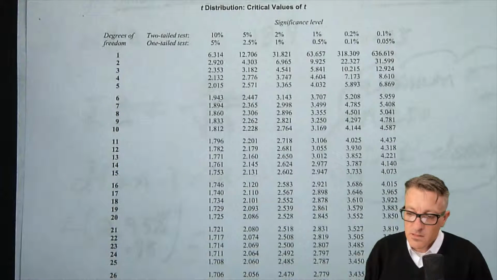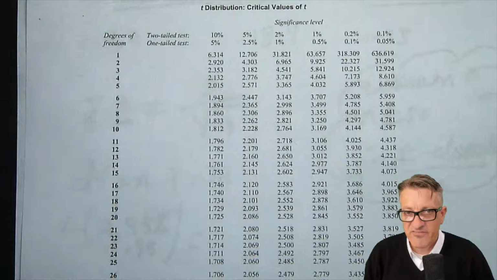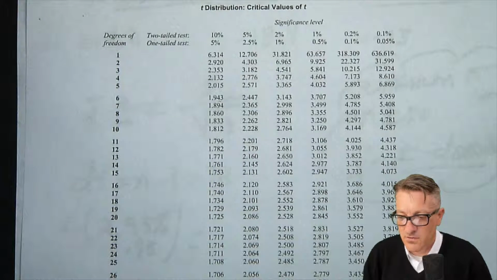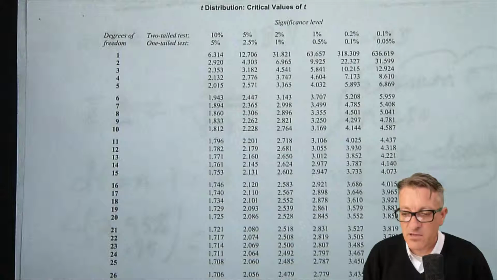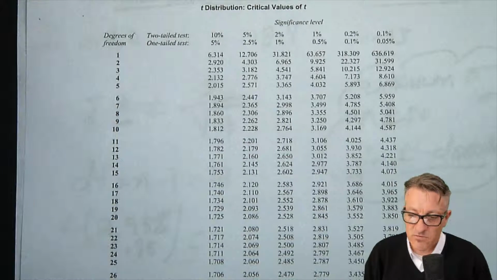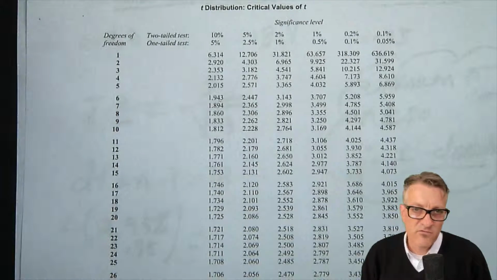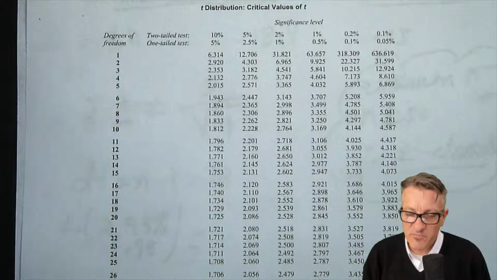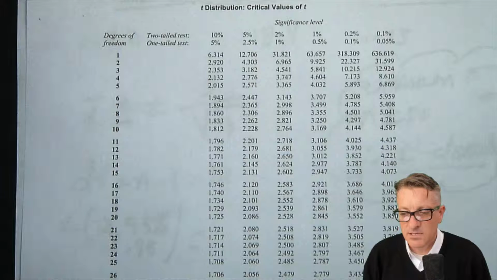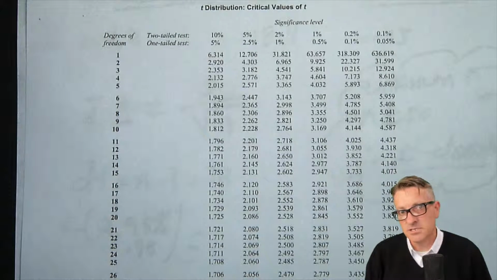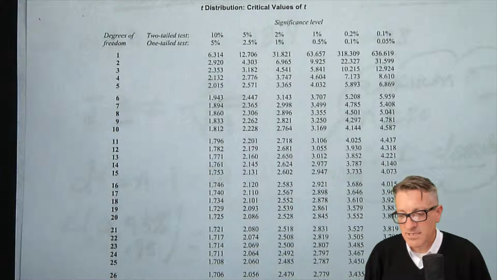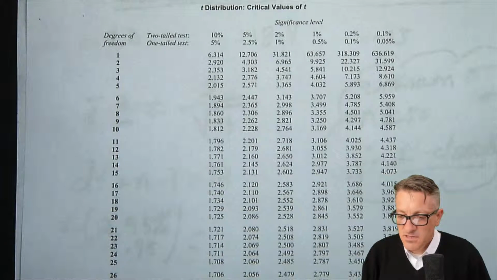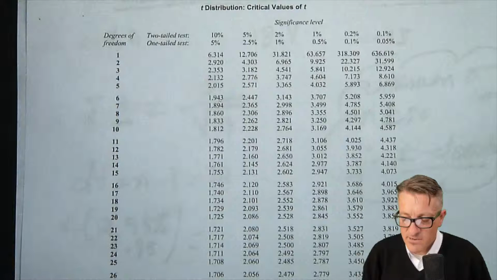So if we're looking for a 95% critical value, we want to find the two-tail 5% on this table, because we need that inside part, which is 95%. I know that might sound confusing, but I believe most of these t-tables are set up in the same way as this table.